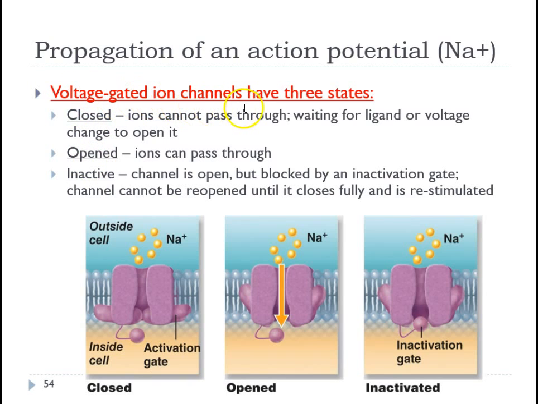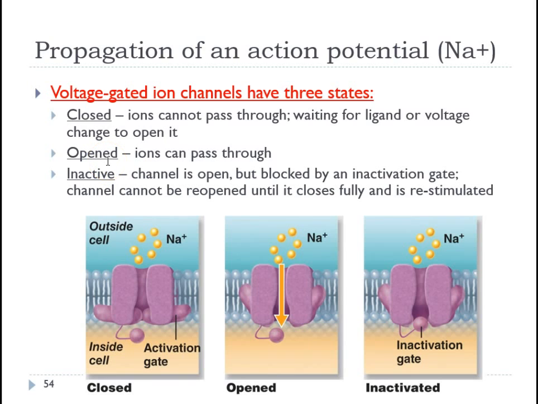So these voltage-gated channels have three states. The closed state is where the cell is polarized. Ions can't pass through, and we just have sodium on one side, potassium on the other. We're really only going to concentrate on sodium right now because this is a gate that only one ion can go through, and that's going to be sodium.